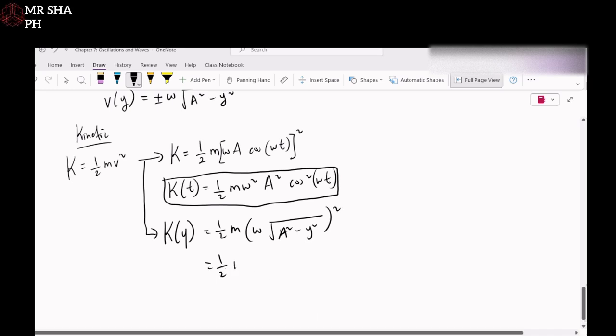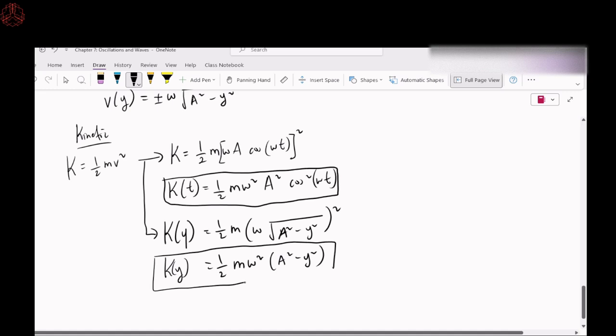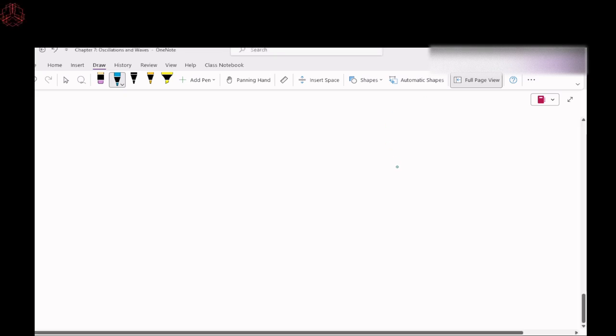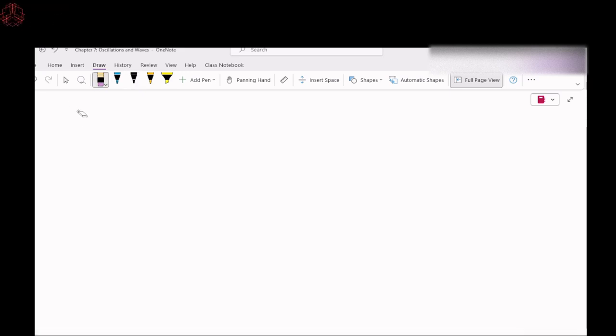I'm left with half m omega squared times (A squared minus y squared). The square root goes away. So then I have two equations for kinetic energy: one as a function of time, and one as a function of displacement. Now that we've discussed kinetic energy, what we want to look at now is the potential energy.